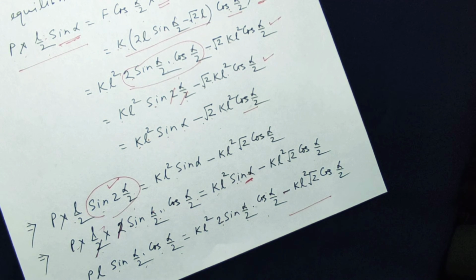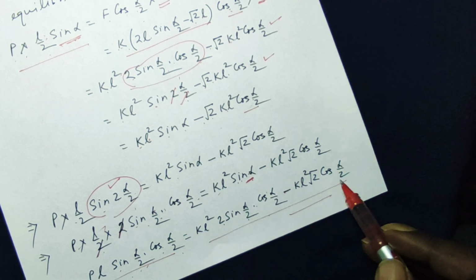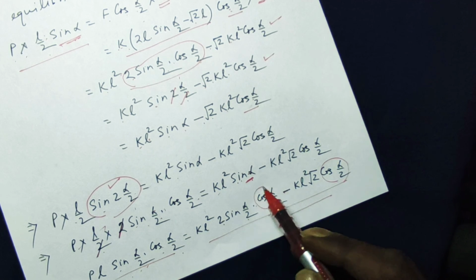By doing so, what do I get? I keep this term PL sin alpha by 2 cos alpha by 2 on this side. Here there is cos alpha by 2, here there is cos alpha by 2.